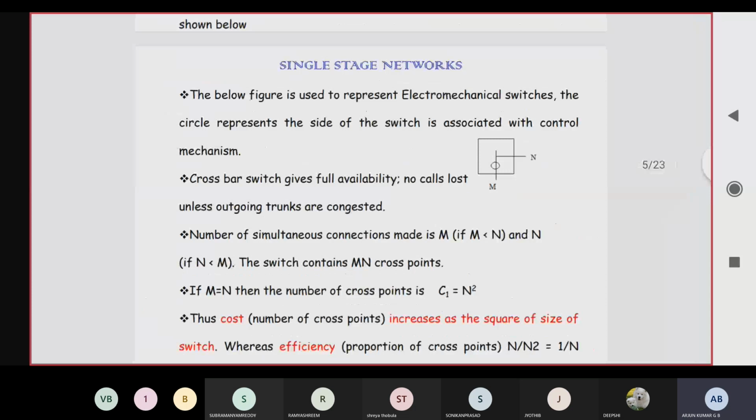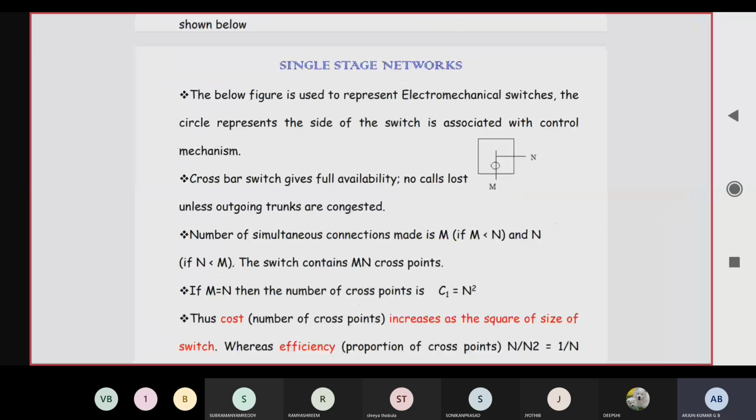Here mn cross points means we get n square cross points. n is the output. Suppose the output is 10, we get 100 cross points for 10 inputs. For 10 inputs, we get 100 connections using this crossbar switching mechanism.